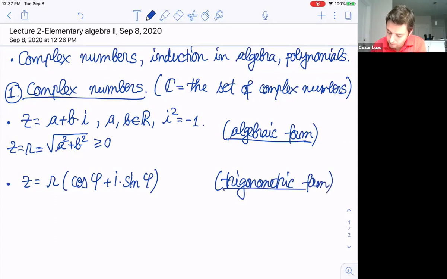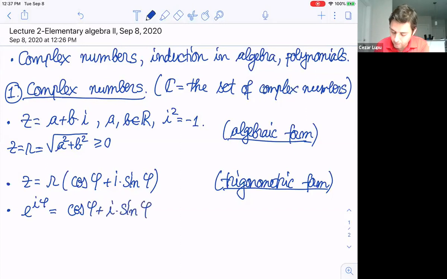Also, there is another form, and anyway, I'll discuss the properties of these numbers. There is another form where, for example, you also can use this form, e to the I phi is cosine phi plus I sine phi.